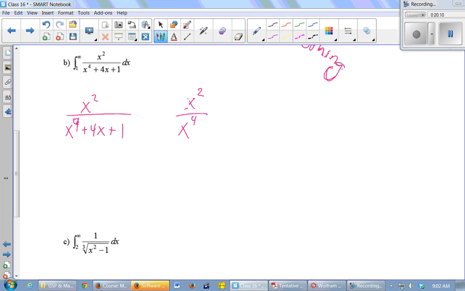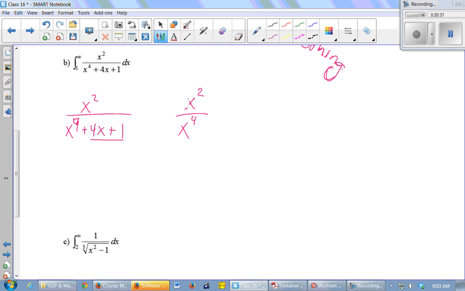We know the x's are always positive, right? So 4x plus 1 is going to be a positive number. And the x's are always positive because the bounds of integration are going from 1 to infinity, right? So if I have this 4x plus 1 in the denominator, I'm making the denominator bigger than just a plain old x to the fourth.